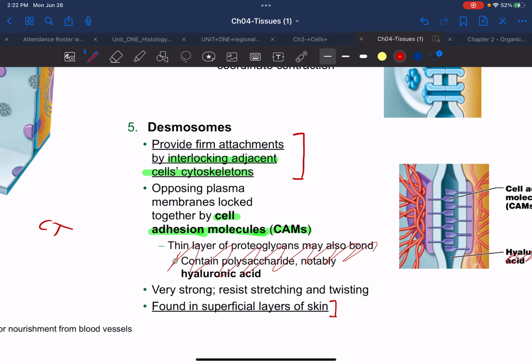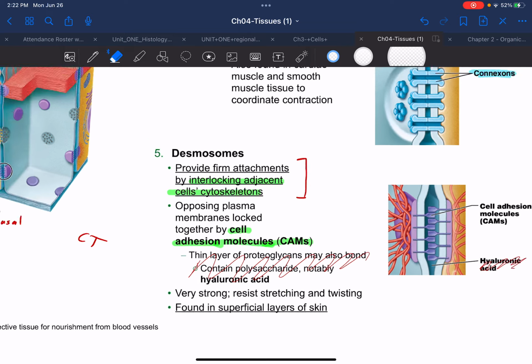And this is part of the reason that your skin on the surface is waterproof, because you have very tight desmosomes, or all those squamous cells that are tightly compact together. They're anchored and stuck together by desmosomes, very tightly bound together.